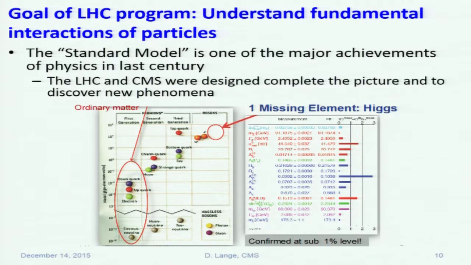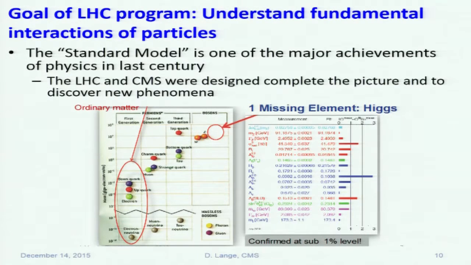Okay, I just had 2 slides, just to try to talk about the scientific goals, which in very broad brush is to understand the fundamental interactions of particles. It turns out the best way to do that is to look at very high energies, where instead of studying the sorts of normal matter of protons or neutrons, those pieces of matter break down into different constituents that we're able to study with a very high energy accelerator.